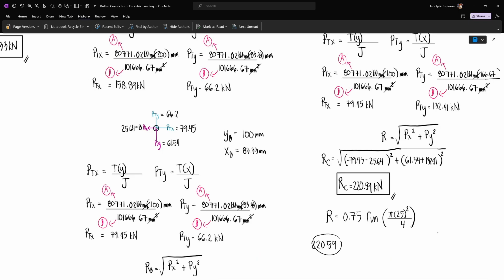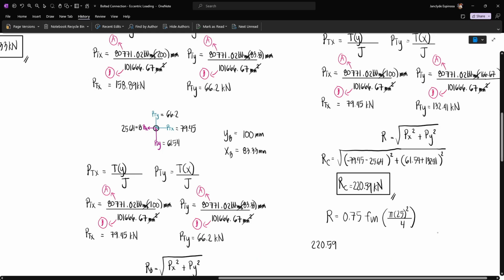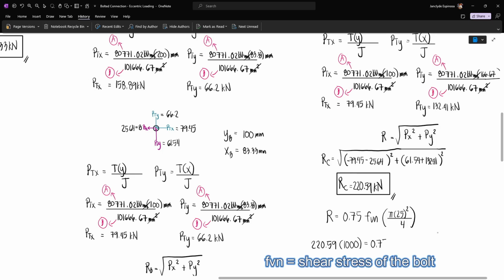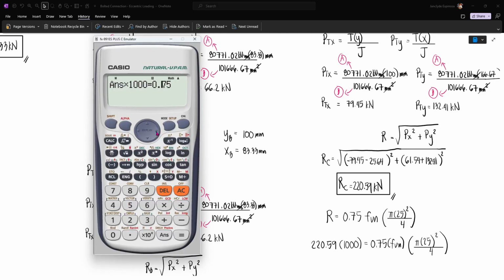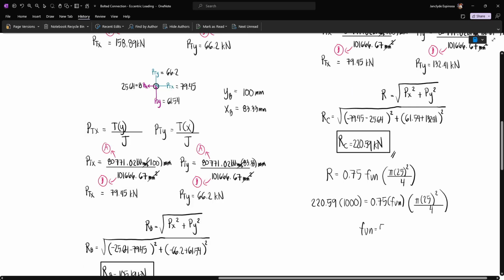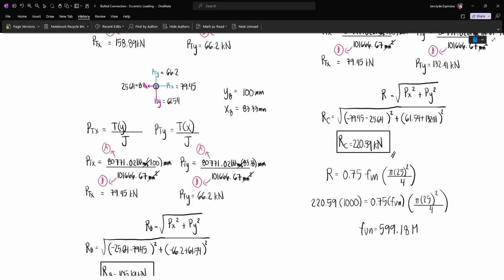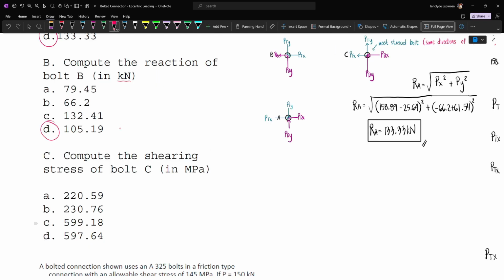And then let's convert this to newtons so that we can get FVN in MPa, so times 1000. This is equal to 0.75 times FVN multiplied by pi times 25 squared divided by 4. And so solving FVN, we have 599.18. So FVN equals 599.18 MPa. And so this is our answer.